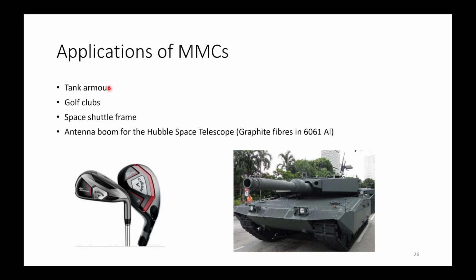Applications of MMCs: they are used in making tank armors, golf clubs, space shuttle frame, antenna, boom for the Hubble Space Telescope, which is made using graphite fibers in 6061 alloy of aluminium.